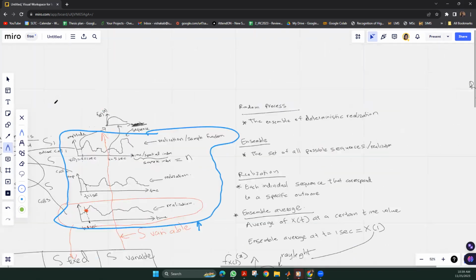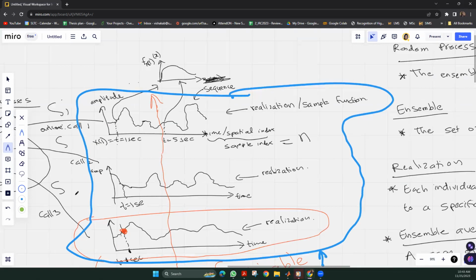Each of these random variables occurs at a time instance, such as, let's say, time instance 1 second. At time instance 1 second, we can collect all these amplitudes and draw a certain probability density function. That probability density function is defined for this specific random variable, and for this random variable we can define the cumulative distribution function as well.